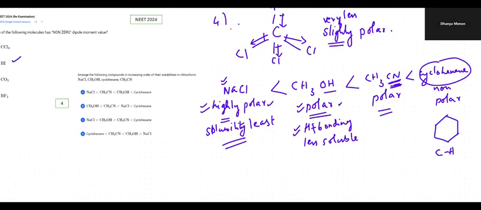It will be highly soluble in chloroform. So our answer is C. Sodium chloride is least soluble, the next is alcohol, the next is CH3CN, and the most soluble is cyclohexane.